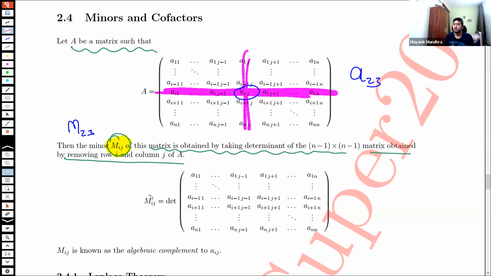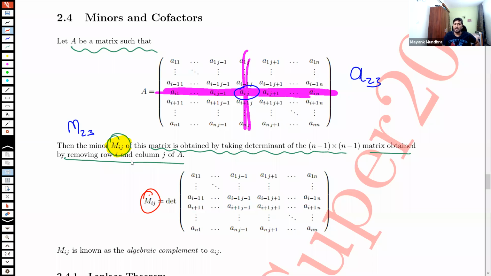So that is known as the minor of ij. It's a complicated relationship. It's a little complicated. So what is Mij? You remove ith row and jth column from the matrix and take the determinant of the remaining matrix.